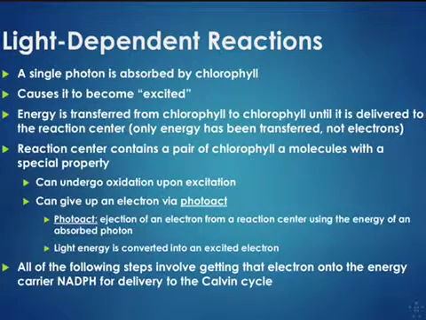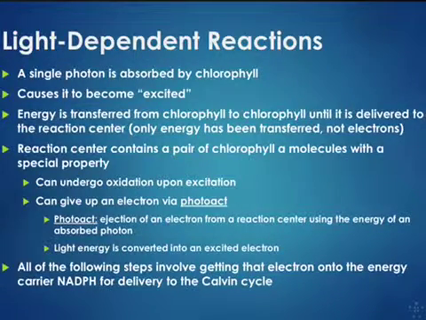The reaction center then contains a pair of chlorophyll A molecules, which are like the two little ones at the bottom. And those actually have a special property. They can undergo oxidation upon excitation.